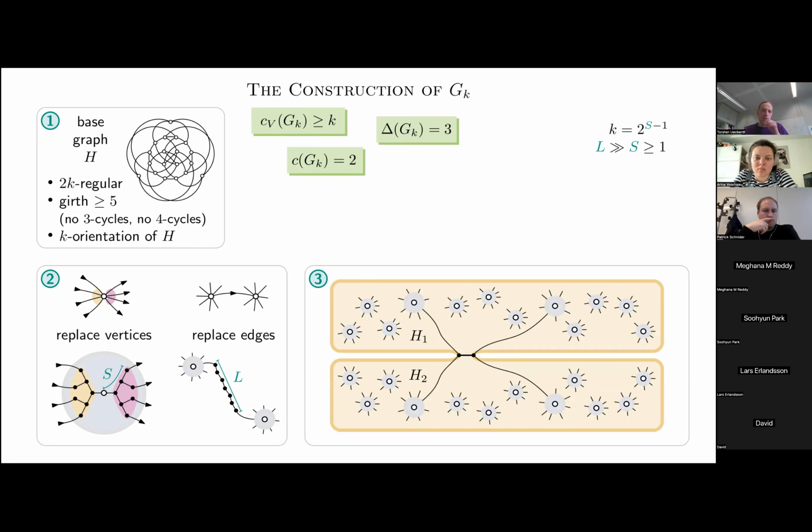What I take is 2 copies of this graph, H1 and H2. It's the same graph; one is up here and one is up here. But I also connect the copies by taking these long paths that replace the edges, and I assume that this L is, I don't know, odd, so that there's a middle edge.